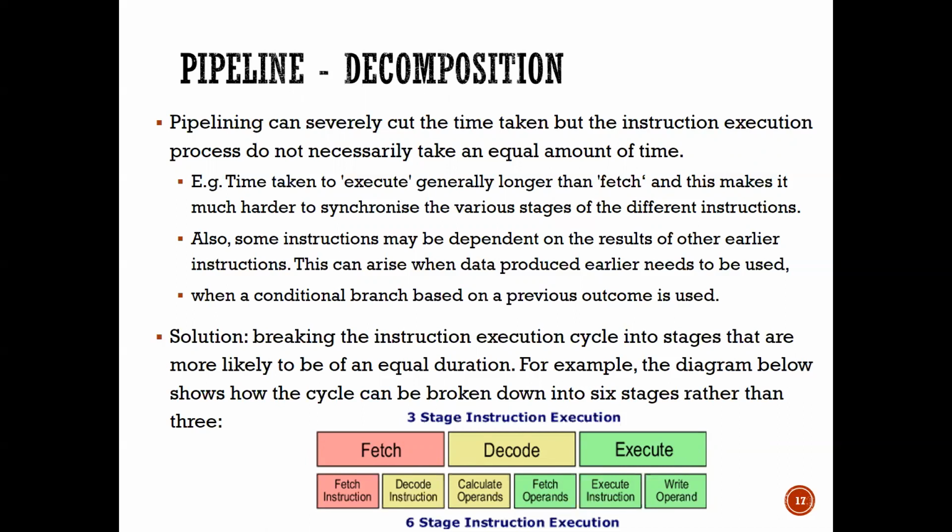This can arise when data produced earlier needs to be used, or when a conditional branch based on a previous outcome is used. As a solution, break the instruction execution cycle into stages that are more likely to be of equal duration. For example, the diagram below shows how the cycle can be broken down into 6 stages rather than 3.